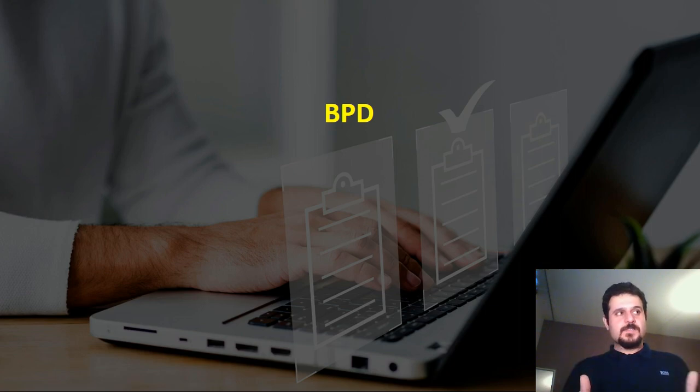All of these answers should be displayed in a picture, and everyone watching this picture should understand the same thing. So you need a standard like BPMN or EPC to design the processes, or BPD, business process diagram.